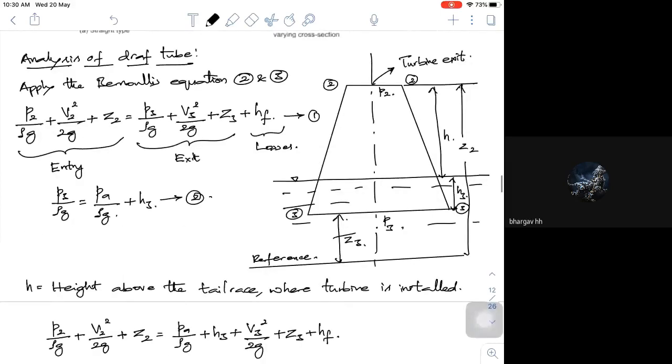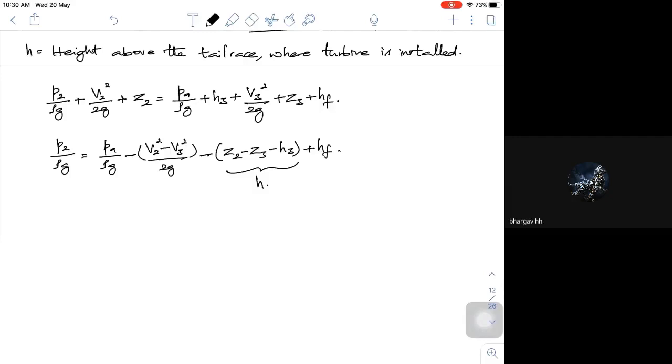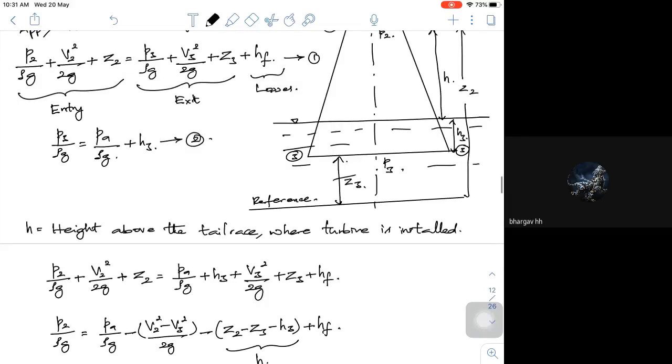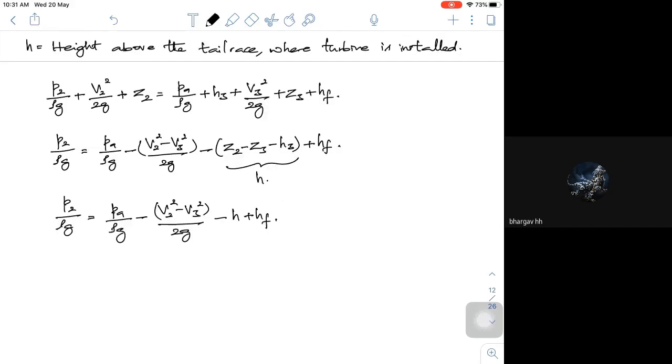I will write P2 by rho g is equal to PA by rho g minus V2 square minus V3 square by 2g minus H plus H. Now let me call this as expression number 3.